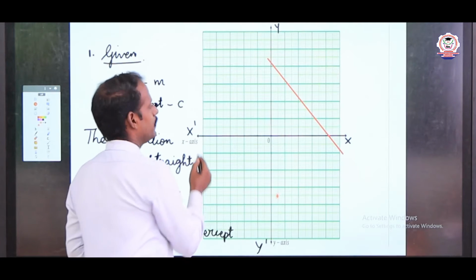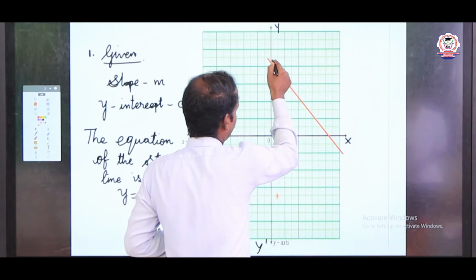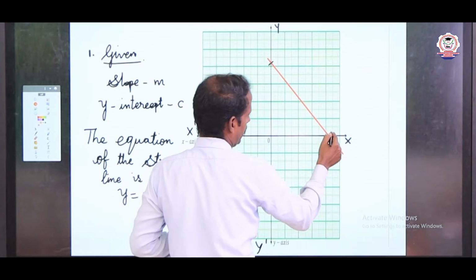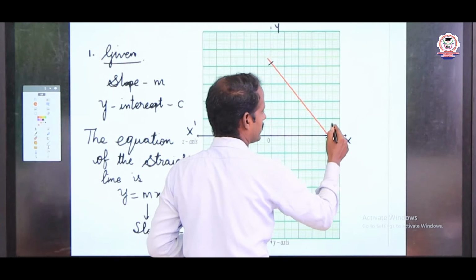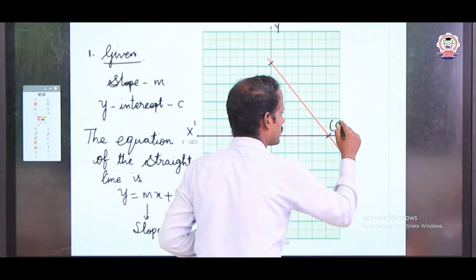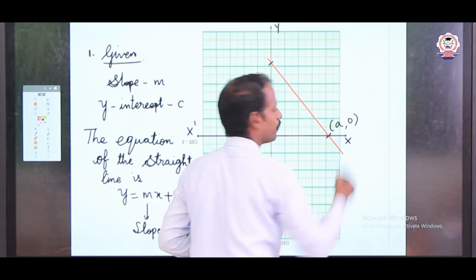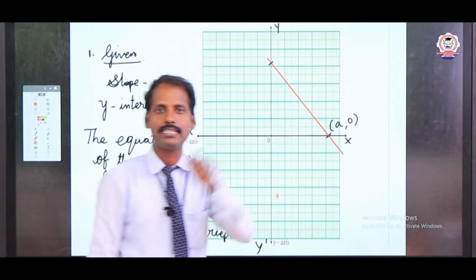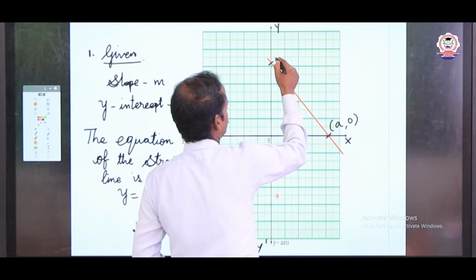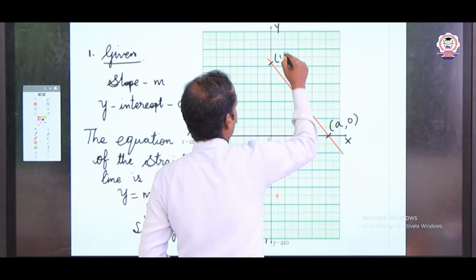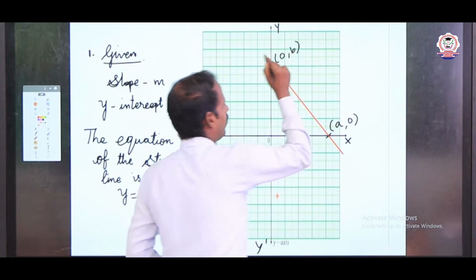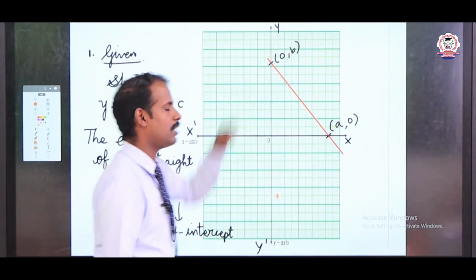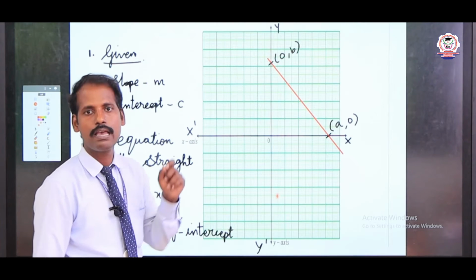Now the point where the line intersects the x-axis is called the x-intercept, that is, x value is a and y value is 0, so a comma 0. So the a value is the x-intercept. The y-axis intersecting point is 0 comma b, so x value is 0 and y value is b.